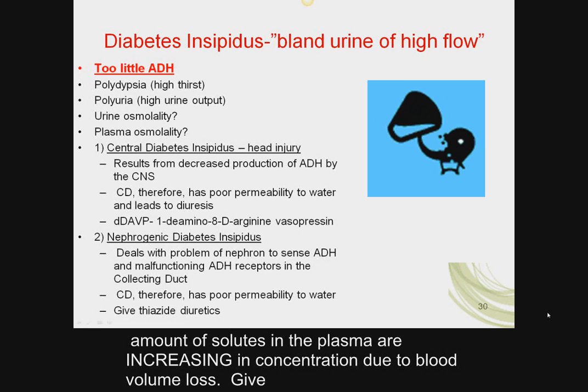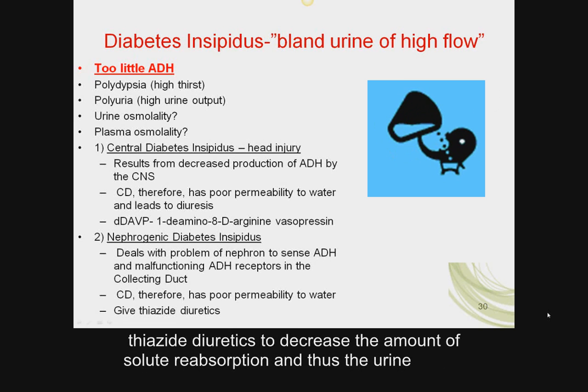If we think about the inability to make or respond to ADH, what kind of urine will the person have? What kind of plasma osmolality will they have? What signs and symptoms will they exhibit? Well, first of all, if you can't make or respond to ADH, then your collecting ducts and medullary ducts will remain impermeable to water.